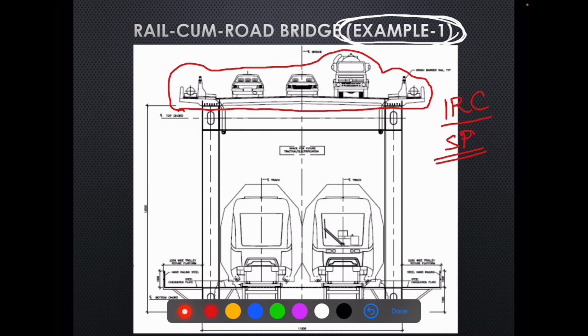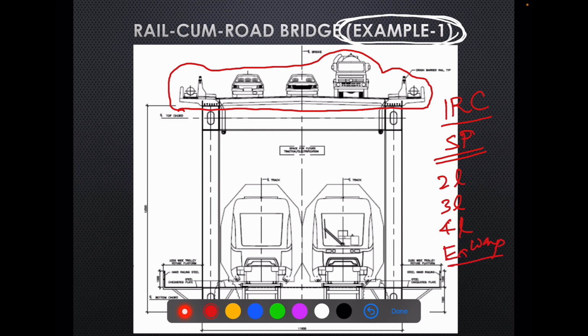They mention what the deck arrangements are for two-lane highway, three-lane highway, and four-lane highways. Apart from this, they also publish a special publication for expressways.